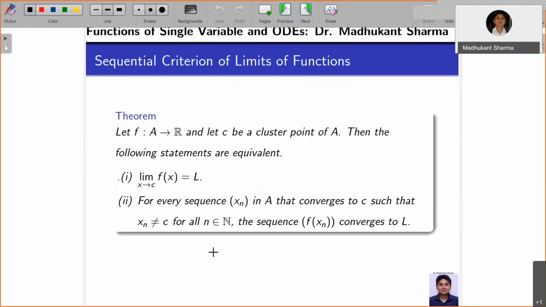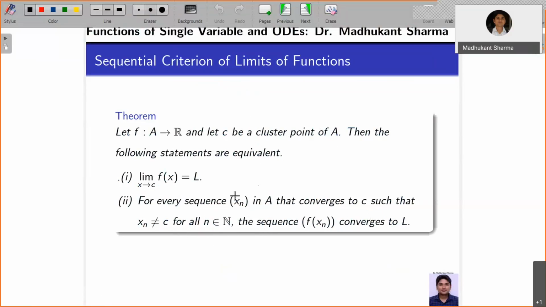In some textbooks this will also be taken as a definition. Let f from A to R and let c be a cluster point of A, then the following statements are equivalent. The limit exists for f at x equals c, and is equal to L, iff for every sequence x_n in A that converges to c such that x_n not equal to c for all n in N. This is always possible because c is a cluster point of A if and only if this condition is satisfied.